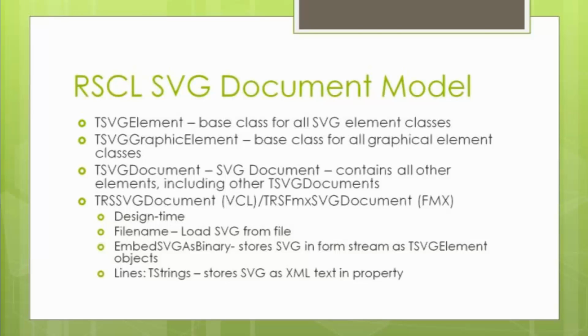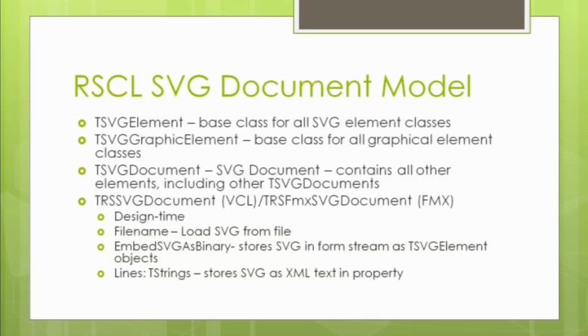Now these classes are all runtime classes. There's two classes, the TRS SVG document and the TRS FMX SVG document, which provide design time access to the SVG. They have an SVG property, and so you can load in an SVG by clicking on the file name, and if you use the file name at runtime, it will actually load the SVG from file.